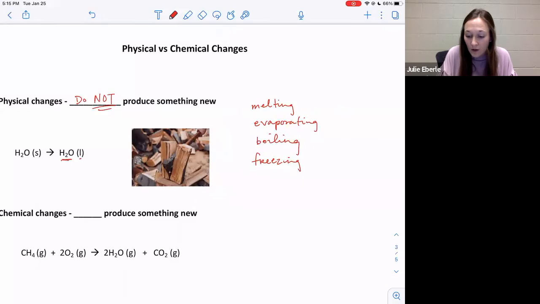These all denote that the matter is simply changing its physical state. So these all deal with transitions between solids, liquids, and gases. Actually, I think a better way to represent that is to say these all deal with changes. I'm going to draw little arrows between solids, liquids, and gases. These are physical changes, okay?